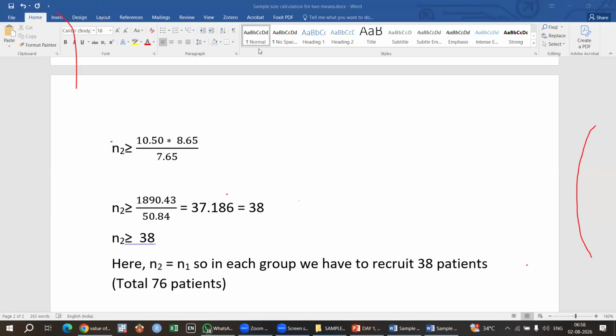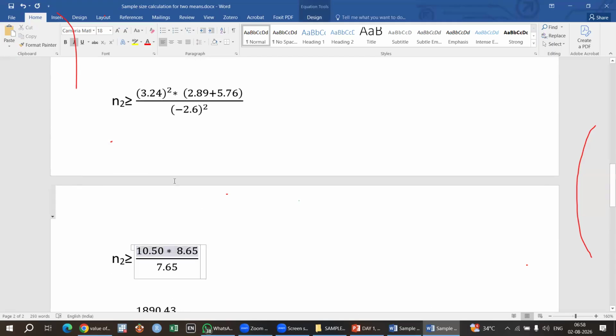Why? There might be some main points here. Up to 2 decimals, in round. Up to 2 decimals. Okay, so here in the denominator, we will do it. There is no problem.